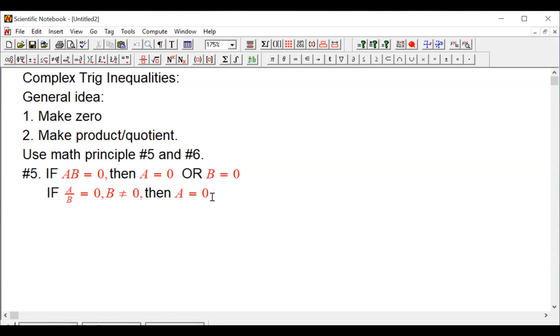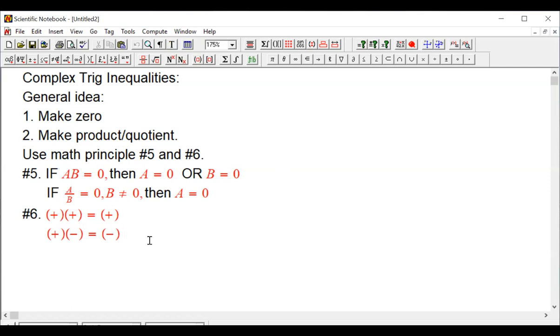Principle number 6 is about signs of products. A positive number times a positive number equals a positive. A positive number multiplied by a negative number equals a negative number.